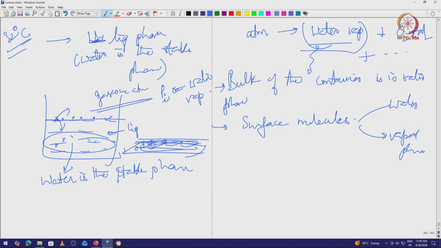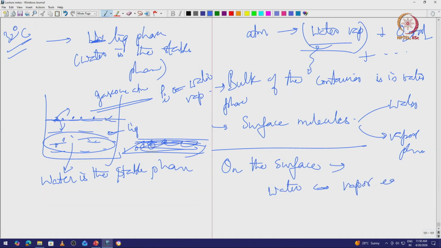So if I am looking at it on the surface, the same water which is in a liquid phase inside exists in a water to water vapor equilibrium, right. On the surface it is like, I am driving on the border, right.